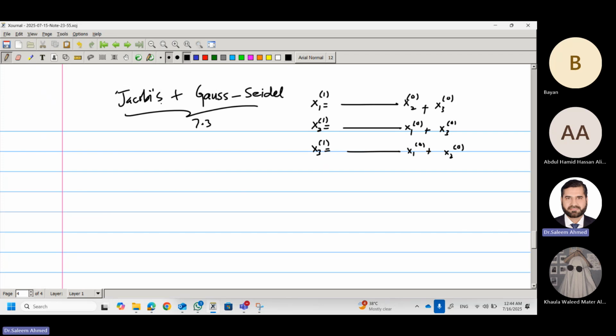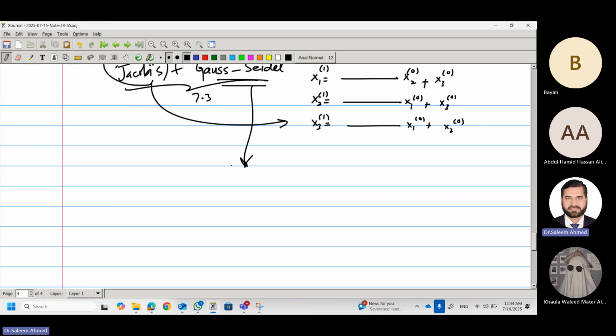That is your Jacobi's. In Gauss-Seidel iteration, they say if you write x1 on the left and send everything to the right, x2, x3, whatever, on the right, keep x2 here, send x1, x3 to the right, keep x3 on the left, send x1, x2 to the right, right?